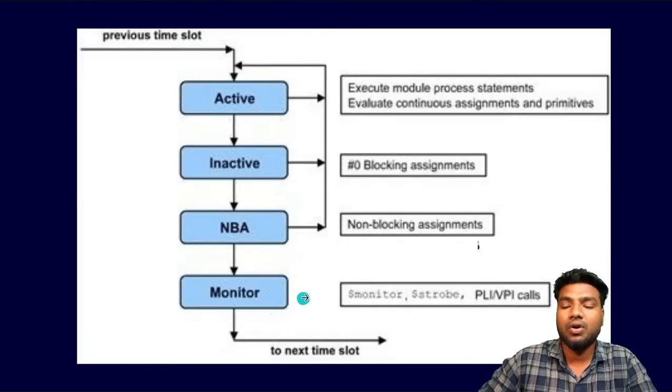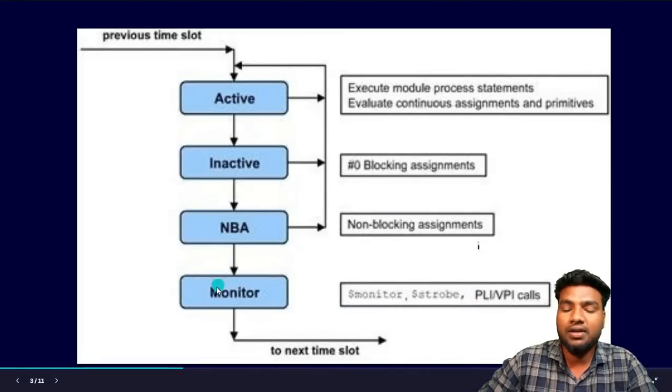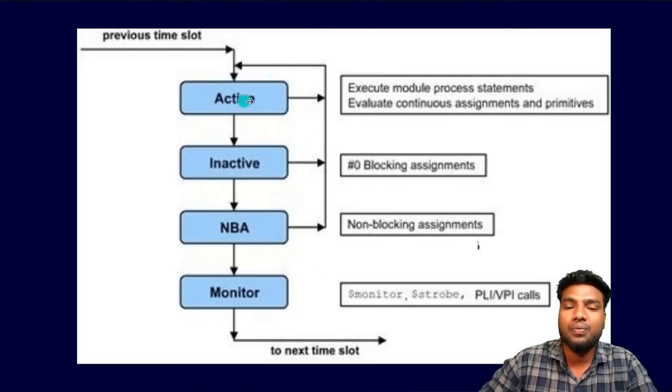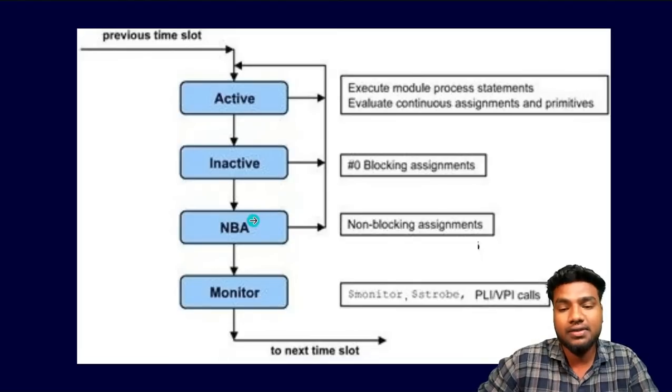And then the monitor comes under the postpone region. It will do the $monitor. $monitor means it will work if there are any changes in our signals; it will capture the output and then give an output. So this postpone region will work after the three regions have completed: active region, inactive region, non-blocking region.